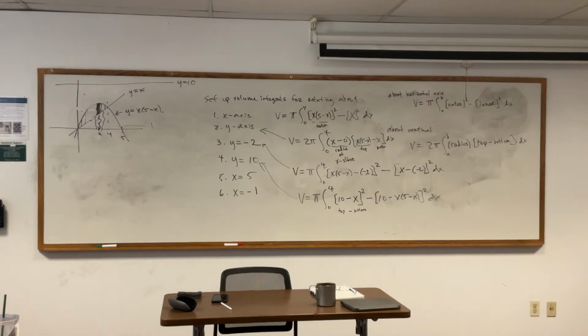We take an arbitrary x element, that's the thing we're rotating, indicated by x. The radius is this rotational axis 5 minus that x. That's my radius right there, and it's going to change depending on x. So this should be 5 minus x, right? Okay. Does that make sense? Yeah, okay.